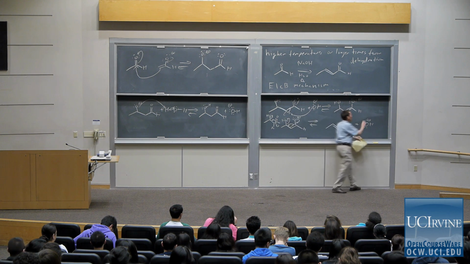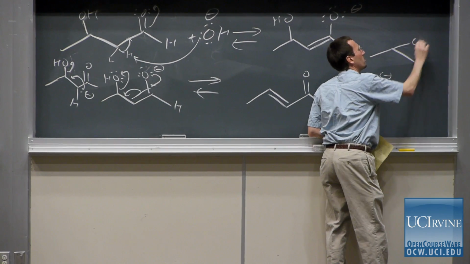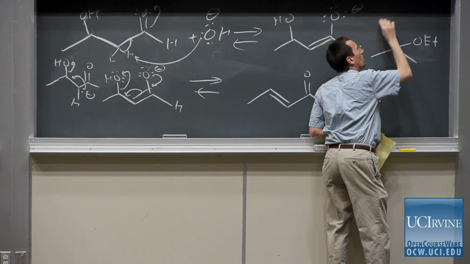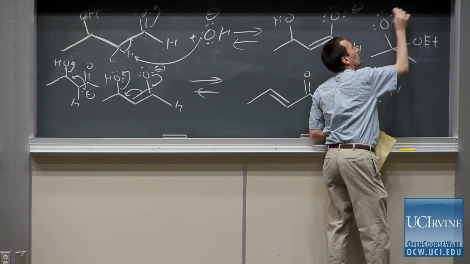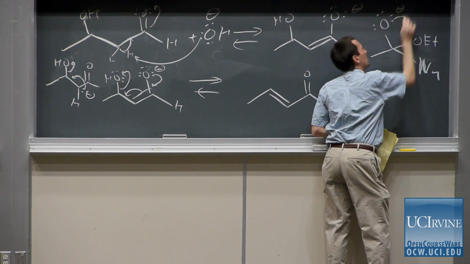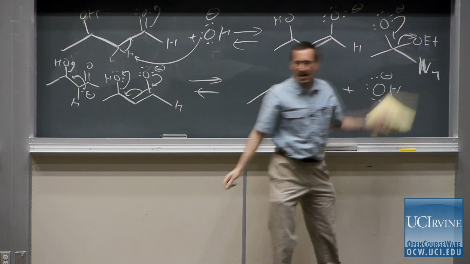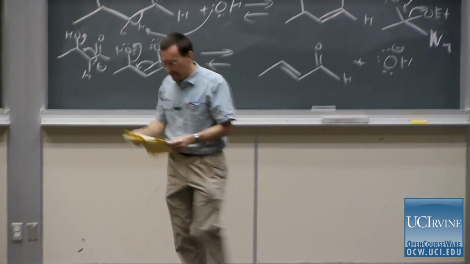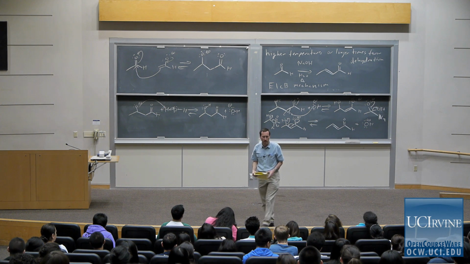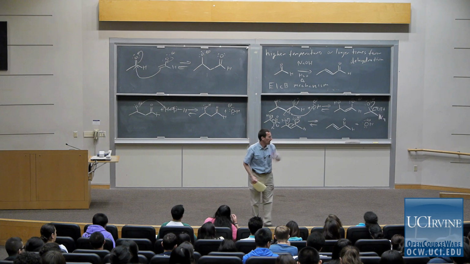Same idea as the breakdown of a tetrahedral intermediate on, say, an ethyl ester. I'll write Nu here, and we can push out ethoxide happily. Really, really important principle, and I'm glad you asked. Other questions at this point? Great question, great principle.